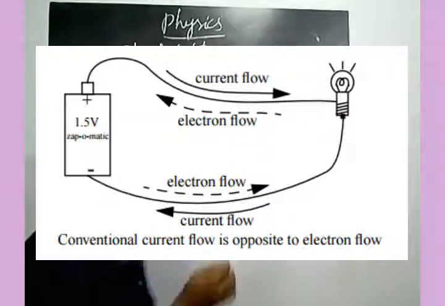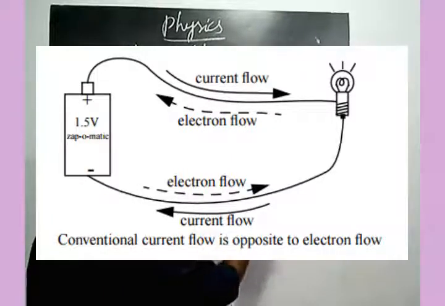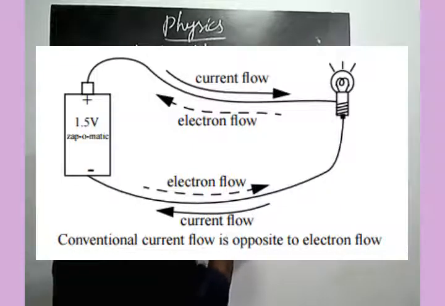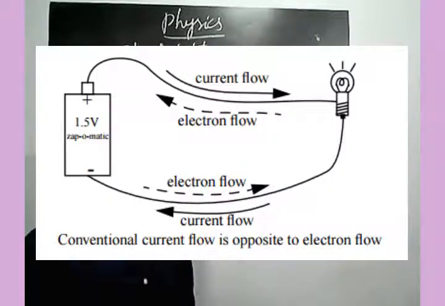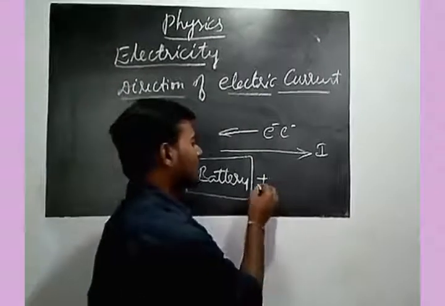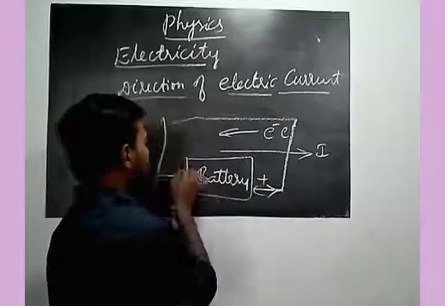In a battery, the electrons are flowing from the positive terminal to the negative terminal.